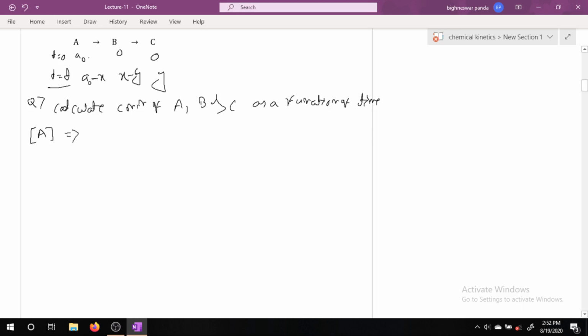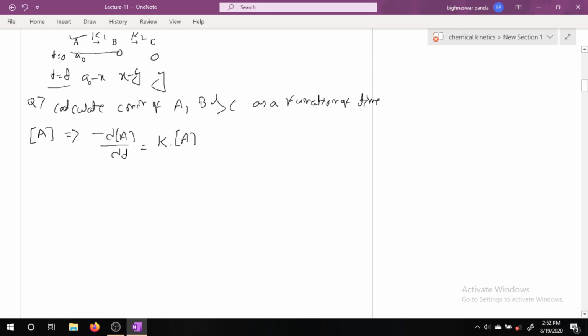For this reaction A gives rise to B, since A is involved in only one reaction, I can write minus dA by dt equal to rate constant K into the molar concentration of A. Let us consider A to B has rate constant K1 and B to C has rate constant K2.